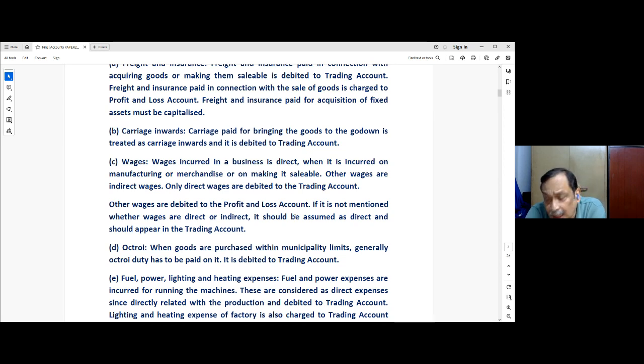But if it is given as salaries and wages, then we have to take it as indirect, and the same should be debited to the profit and loss account. So that is all about your wages. Based upon whether it is direct or indirect, you have to treat it accordingly.